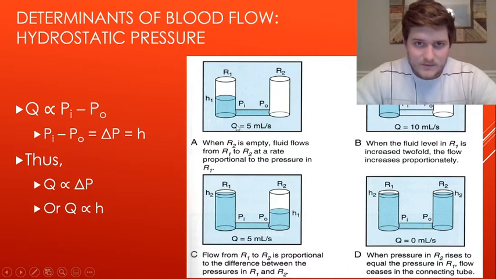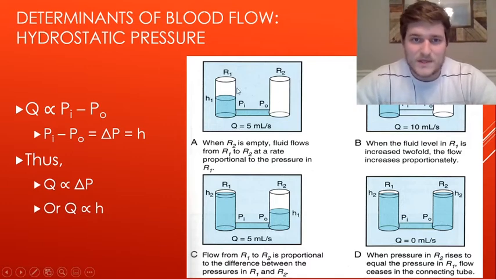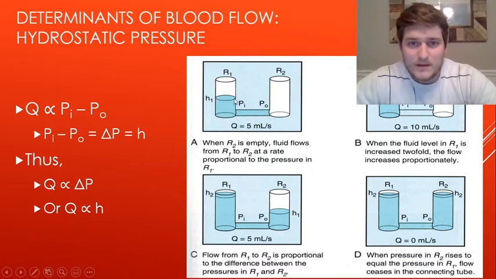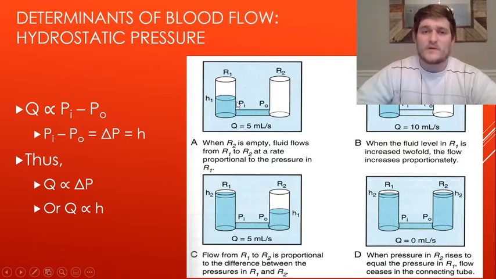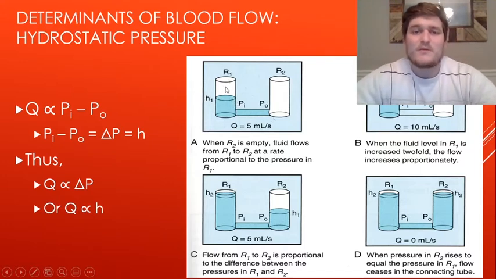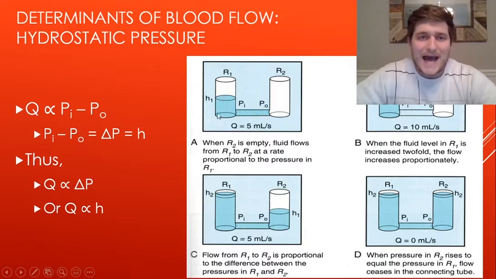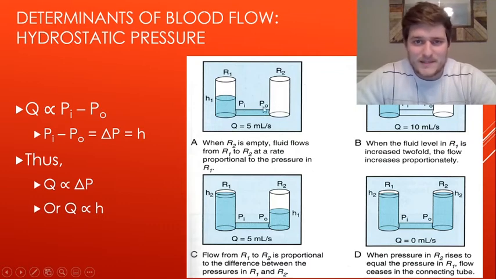In figure A, you can see that we have two different columns, which are going to be designated as uppercase R1 and uppercase R2. In R1, we're going to have fluid to this certain height, known as H1. And so the amount of fluid that flows from the column on the left to the column on the right is going to be due to the height of that column, and therefore the initial pressure of that fluid minus the ending pressure.